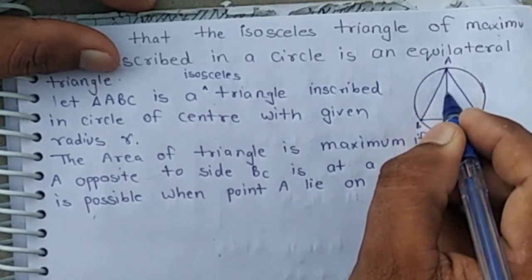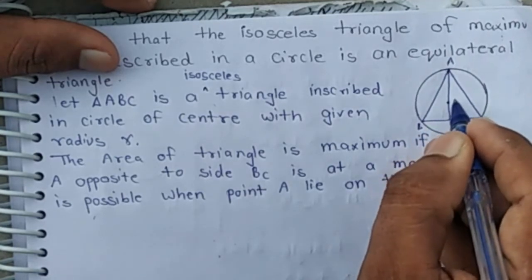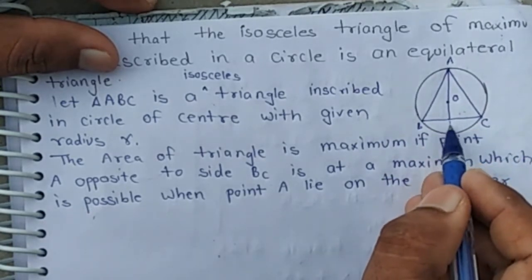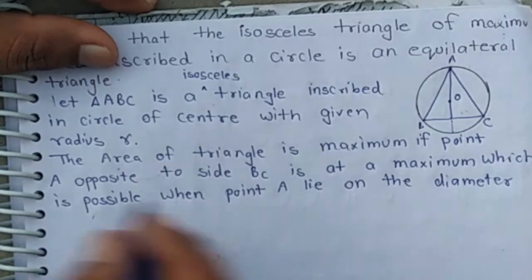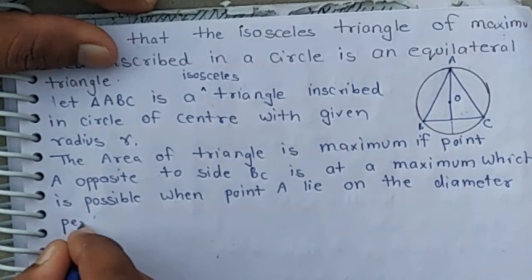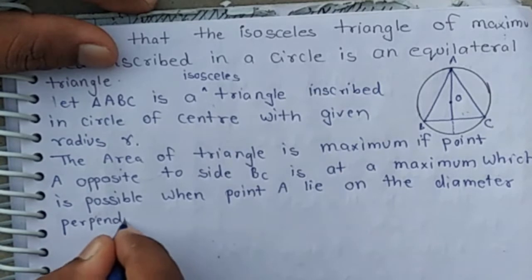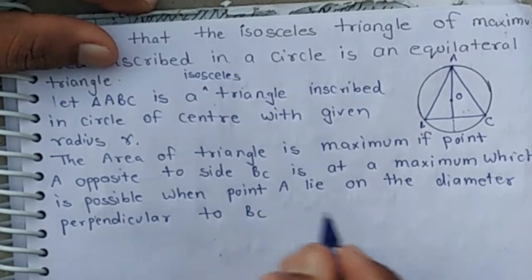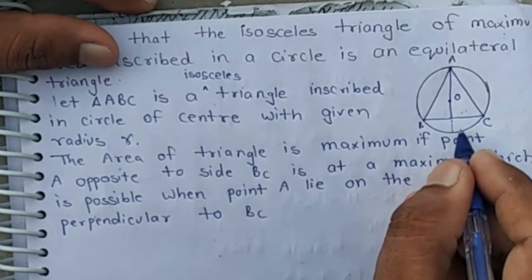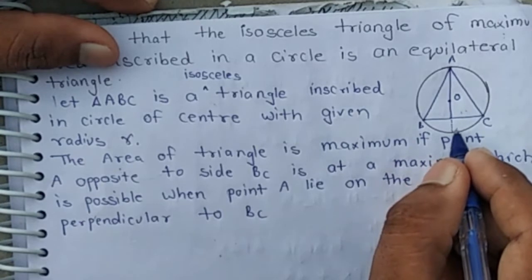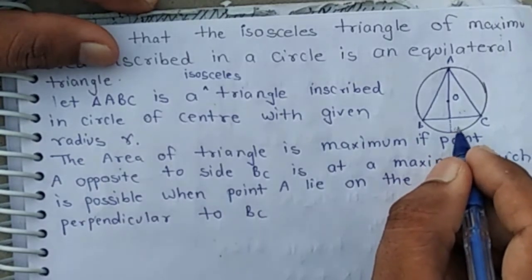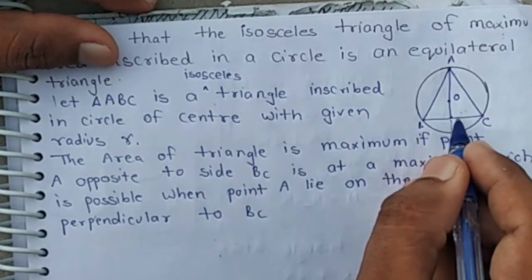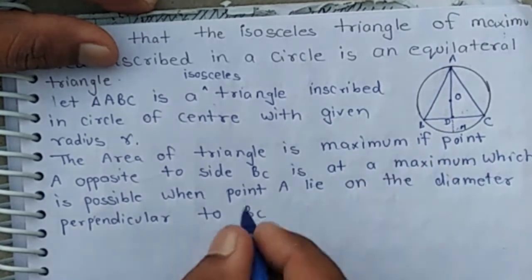Means A lies on the diameter perpendicular to BC. Let this diameter from A be AM, and AM bisects BC at point D.